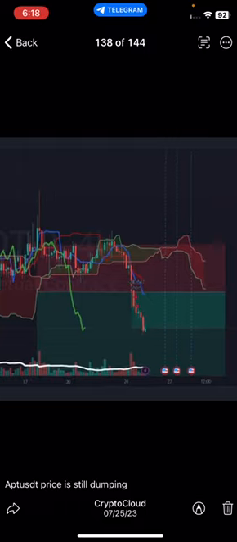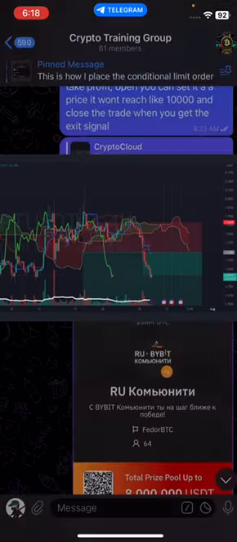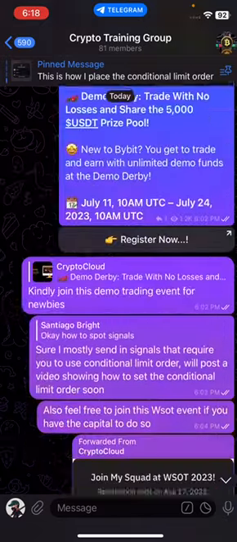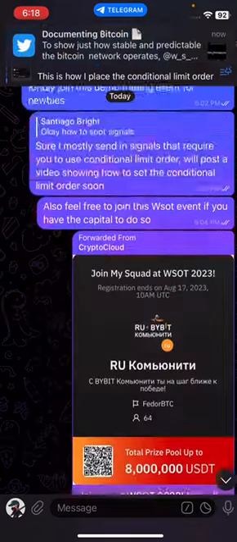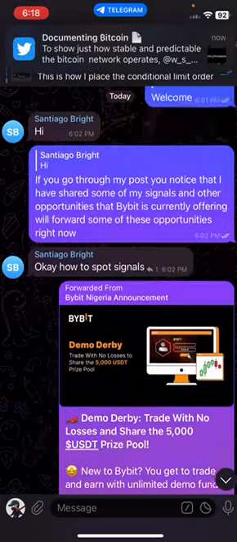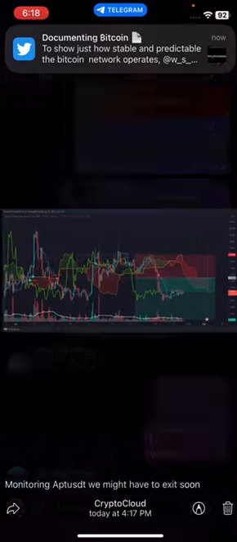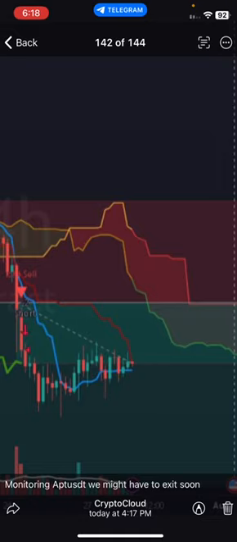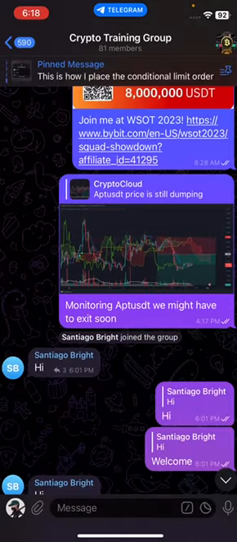As you can see, it's still dumping. So I haven't exited yet. The moment I get a signal to exit, I'll exit the trade.